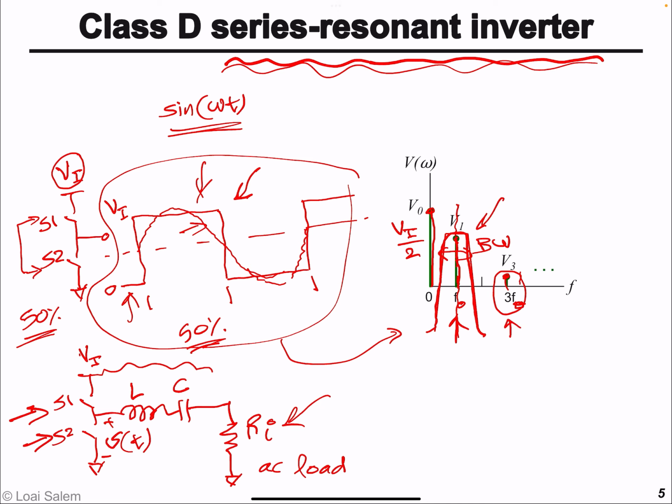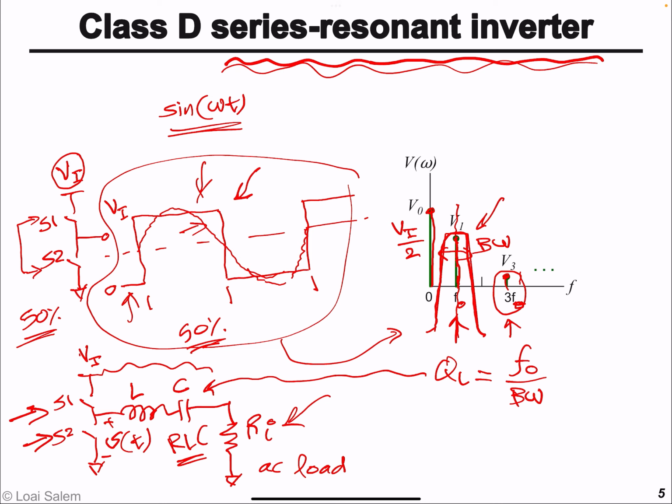And to do that, we know the quality factor of an RLC circuit is given by the ratio of the center frequency divided by the bandwidth.